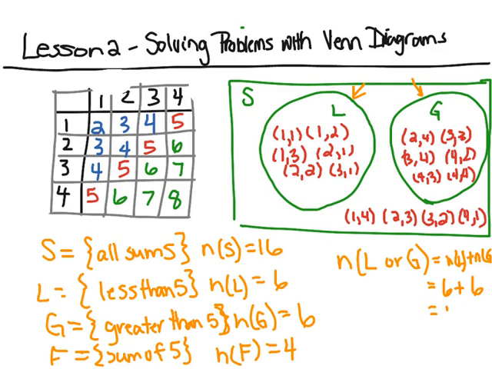So altogether, there's 12 different ways that you can get less than or greater than 5, which matches this, because we know that there's 4 more ways to make 5, so 12 plus 4 is 16, which is our total sum.